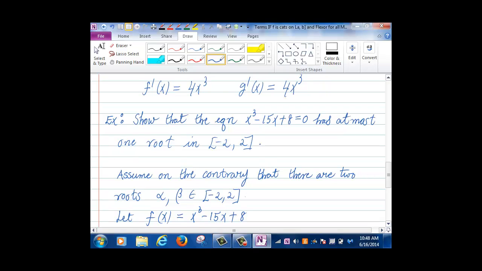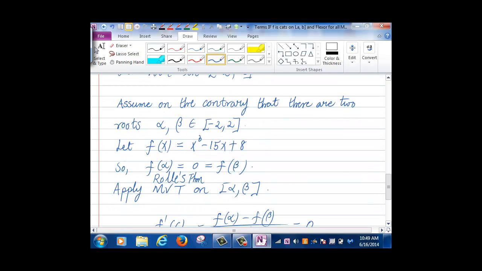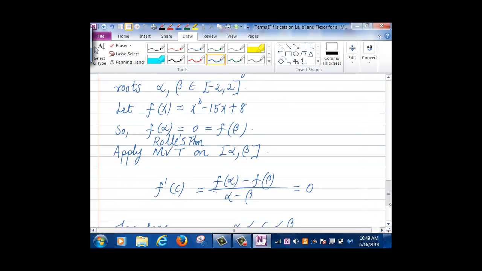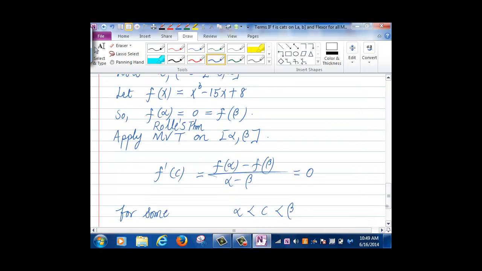And I'm calling the left-hand side of the equation f of x. So if alpha and beta are roots of the equation, it means that f of alpha and f of beta are both equal to 0. Now I'm applying Rolle's theorem and saying that by Rolle's theorem, the derivative of f at some c between alpha and beta must be 0. Is everybody okay?